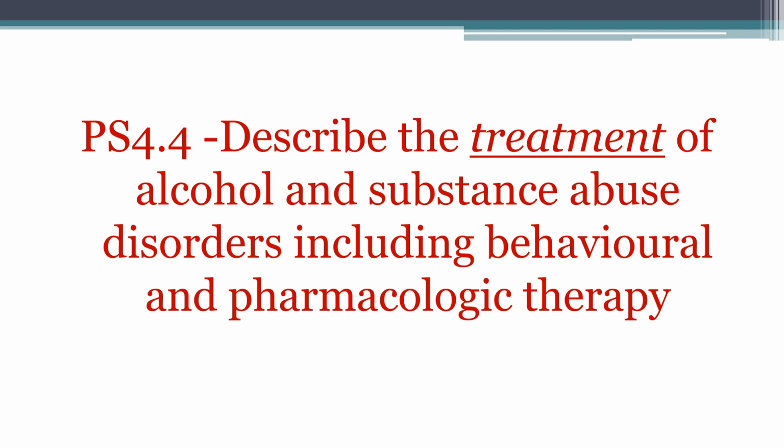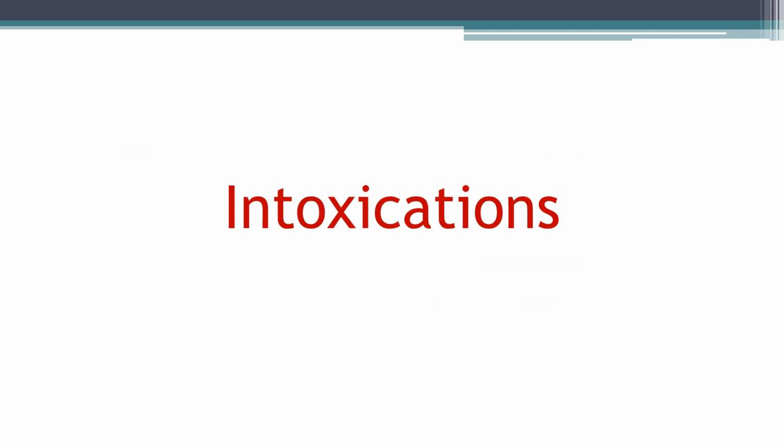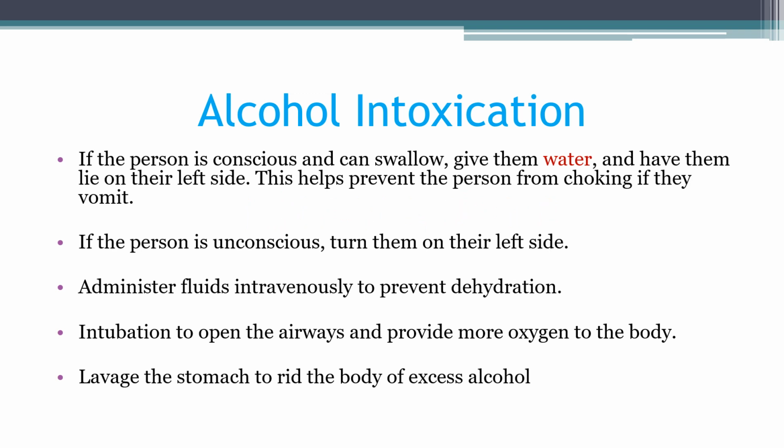Now we will discuss the treatment part of substance use disorder, starting with intoxications. In alcohol intoxication, if the person is conscious and can swallow, give them water and have them lie on their left side to prevent aspiration. If the person is unconscious, turn them on their left side and administer fluids intravenously to prevent dehydration, because alcohol also acts as an aldosterone-like substance causing dehydration.